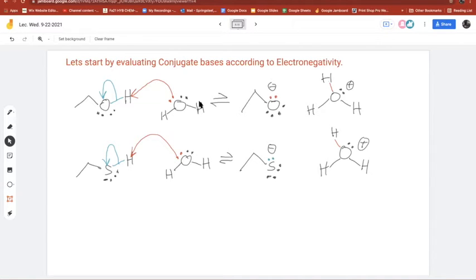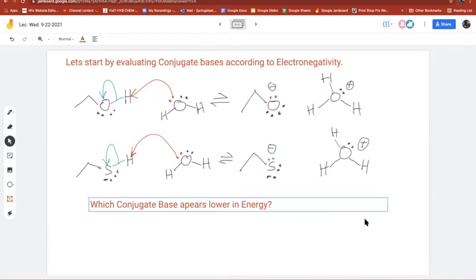Okay, so we got this. What we're going to do is ask ourselves, which conjugate base appears lower in energy? The conjugate bases are, of course, this guy and that guy. So who seems lower in energy?